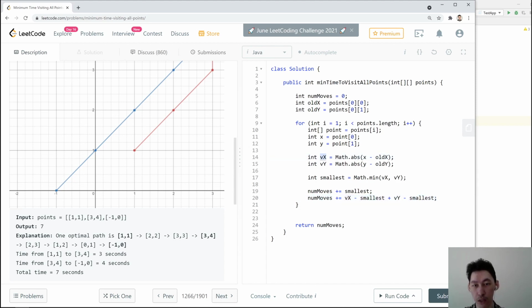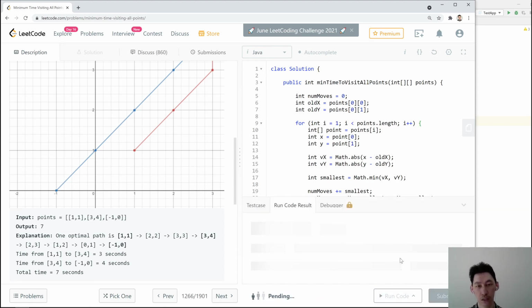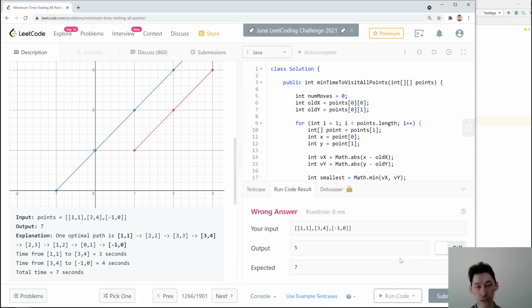Now we don't know which one is the smallest value, but because it's guaranteed to be one of them, suppose it's Vx, in which case Vx minus smallest is going to be 0, not going to add anything. And then Vy minus smallest is going to add whatever the actual number is. Is that it? Output is 5, so that's what we produced.